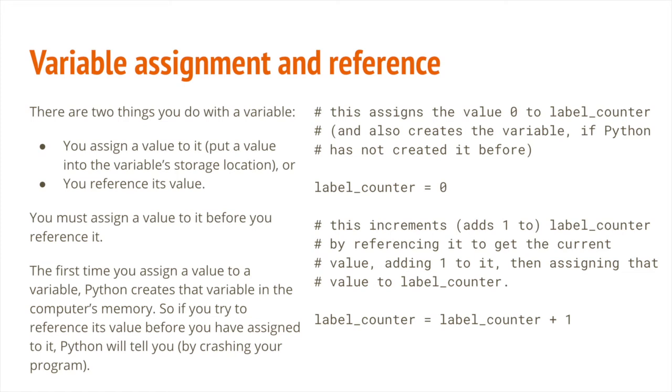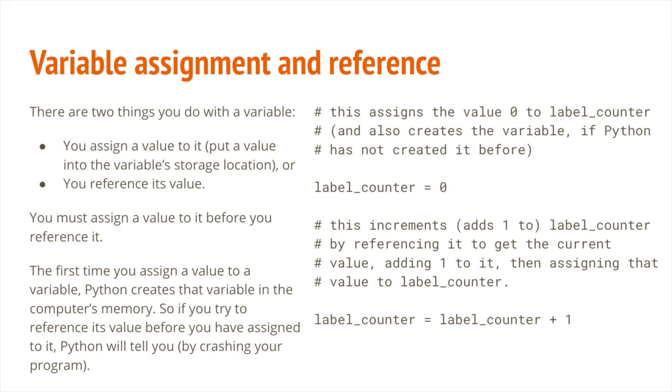So here we see a little fragment of a Python program on the right side there. We see an example of an assignment. Label counter equals 0. That takes the value on the right-hand side of the equal sign, the 0, and it copies it into the storage location that is named by the variable on the left-hand side.